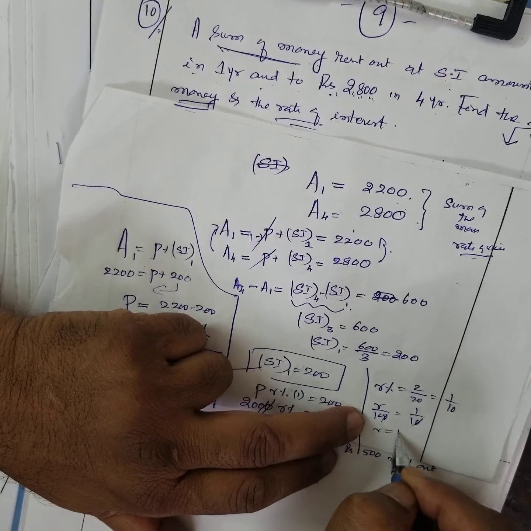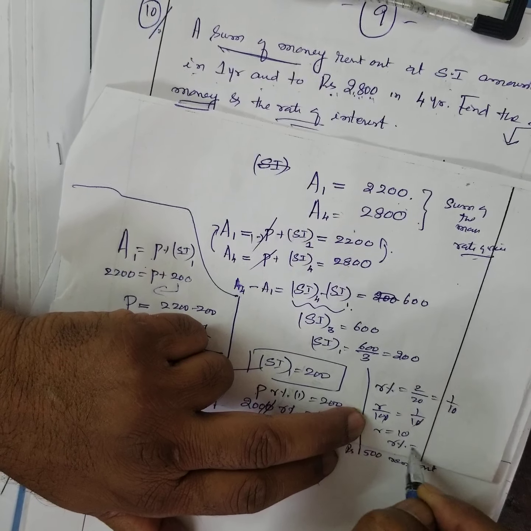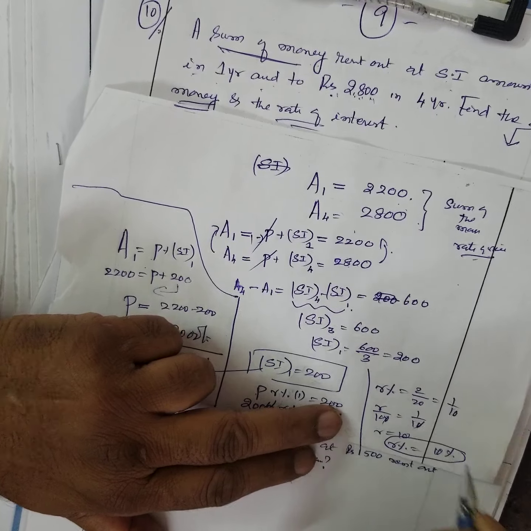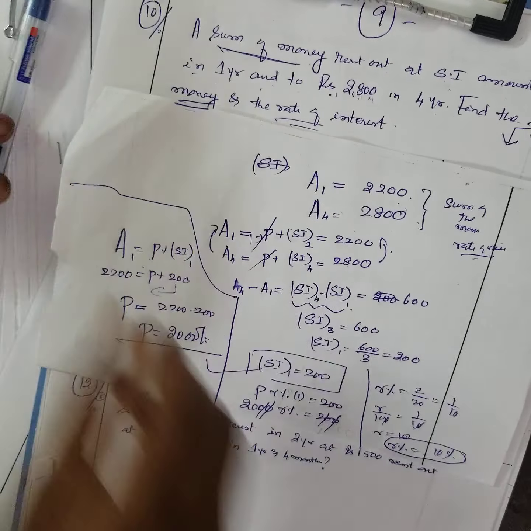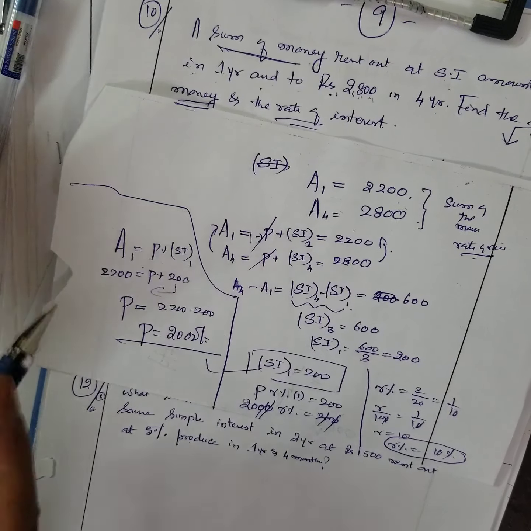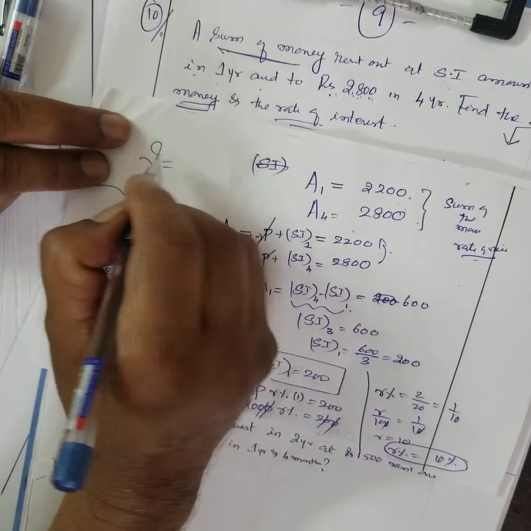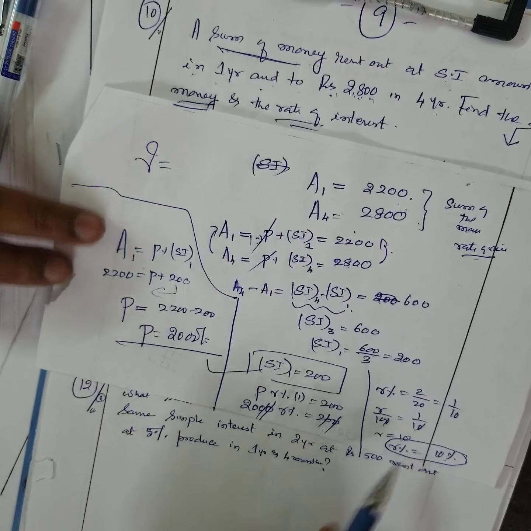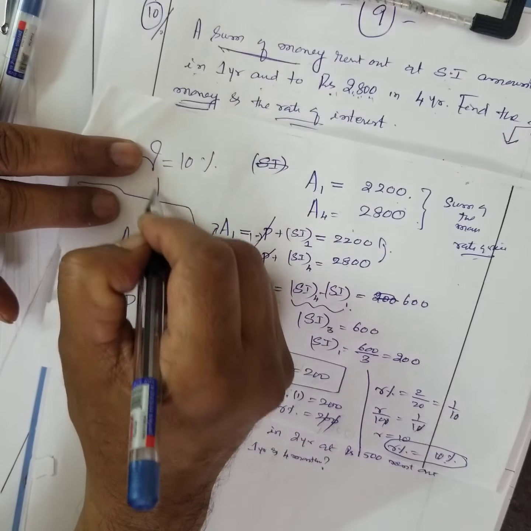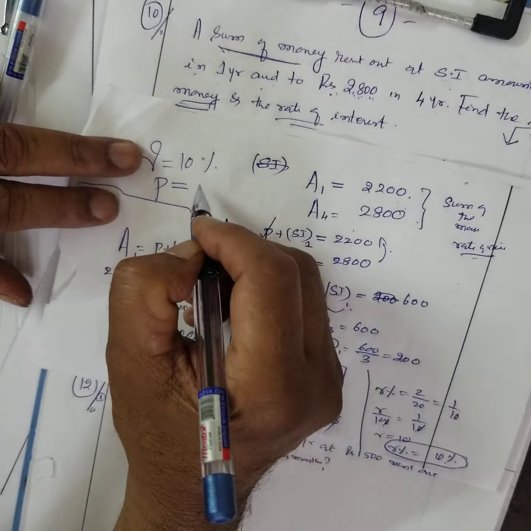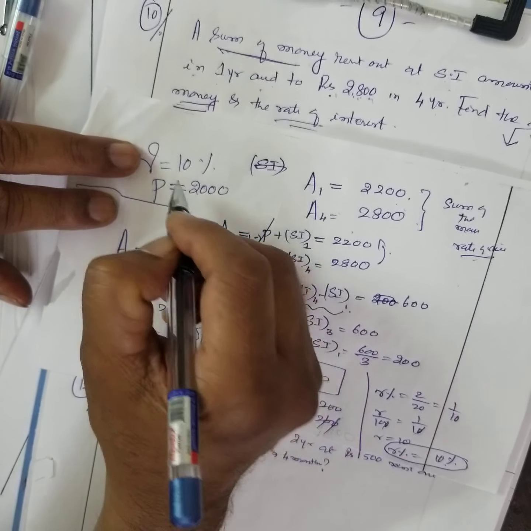Get cancelled. R is equal to 10, or rate of interest is equal to 10%. I have calculated rate of interest now. What is the rate of interest you got? The rate of interest is equal to 10%, and the principal sum of the money invested is 2000 rupees.